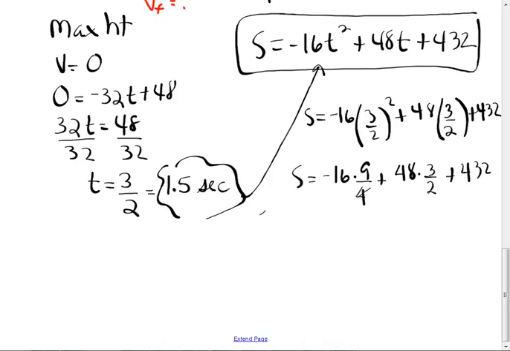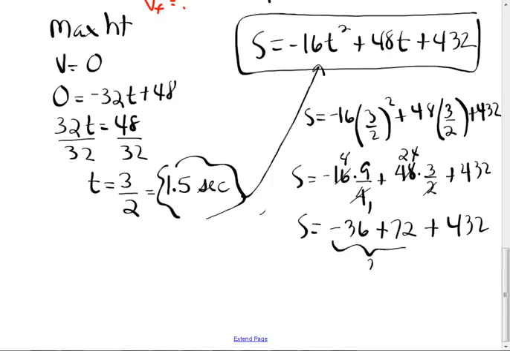And 4 goes into 16 once, and 4. So s is equal to negative 36. Half of 48 is 24. What's 24 times 3? Quick. 72. I memorized it. After 30-some years, I think I know something. Not a lot, but something. And then you could add those up. So it's going to be negative 36 plus 72 plus 432. This is going to give me 36 plus 432.